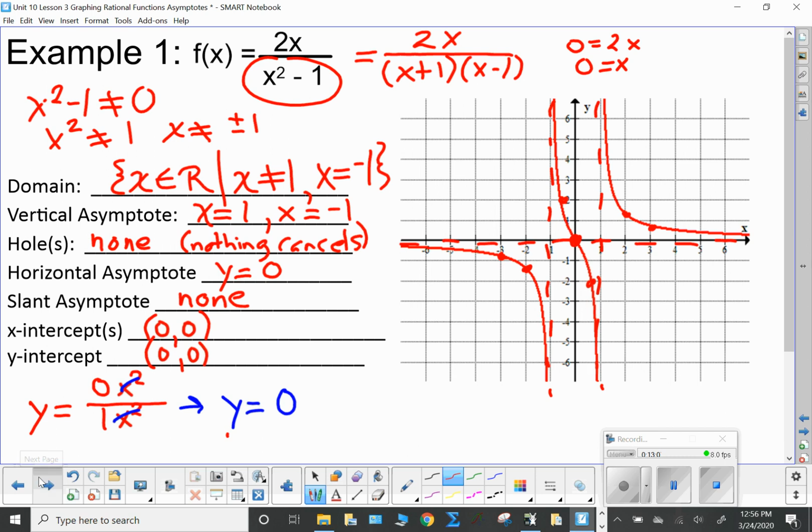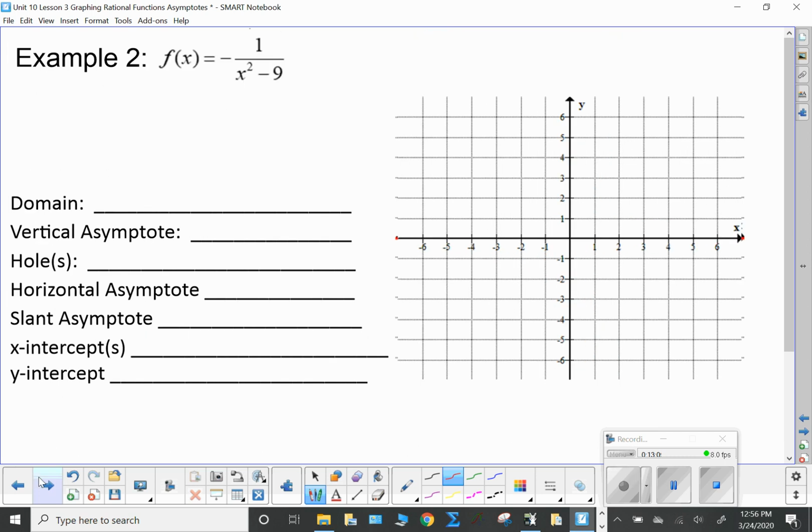So next up, example 2. First I'm going to do -1 over x plus 9, x minus 9. Domain means I have restrictions on the input. What are those restrictions?